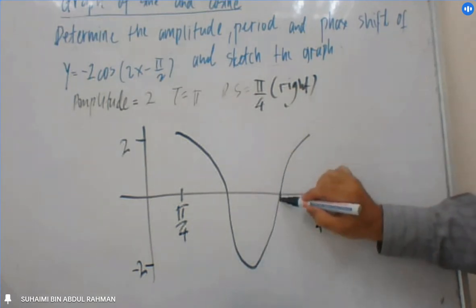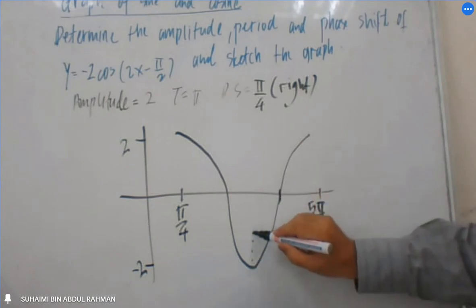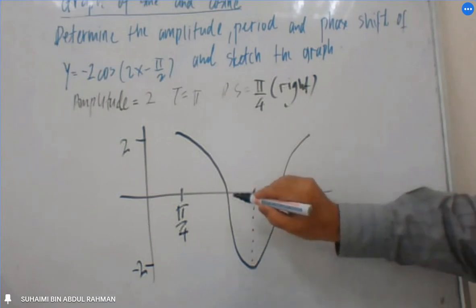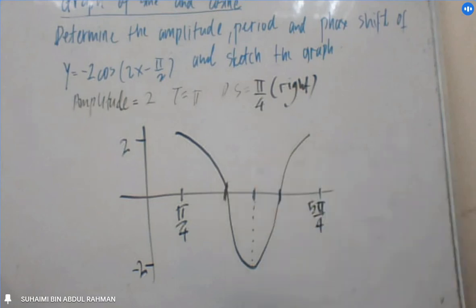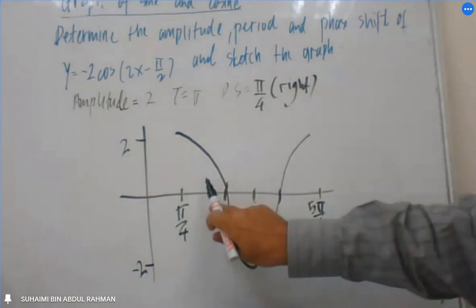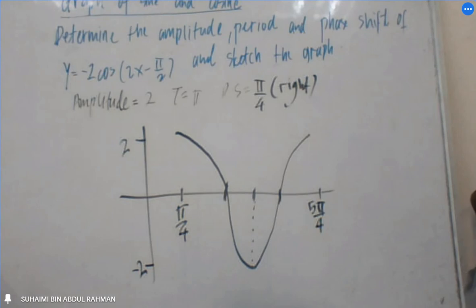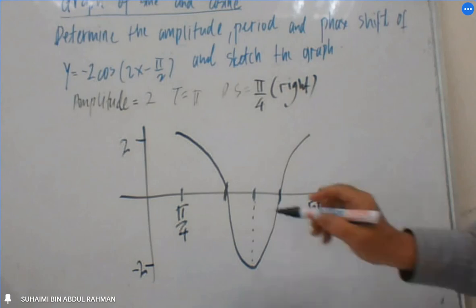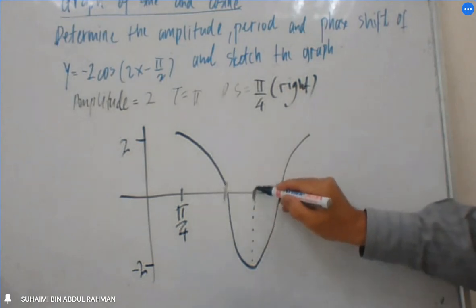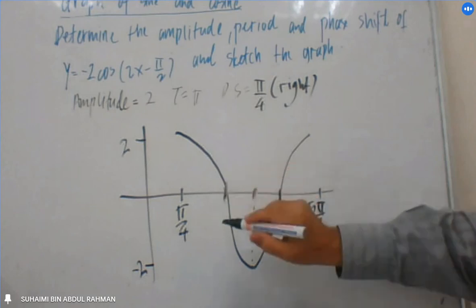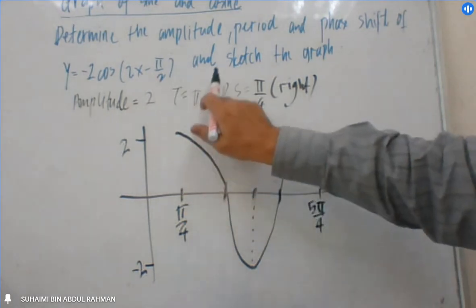So we need to find here, we need to find there. What are the coordinates there, and what are the coordinates here? How do we know the coordinates here? Remember that the period now is pi.